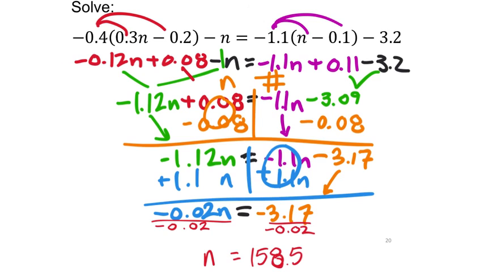So negative 1.1, open parentheses, x on the calculator, minus 0.1, close parentheses, minus 3.2. Enter, and there it goes, matched: negative 177.44. So I can see that both sides were equal when I replaced the x value with 158.5. Now that I've checked that, I can box that in, and wow, I can feel pretty good about that actually.